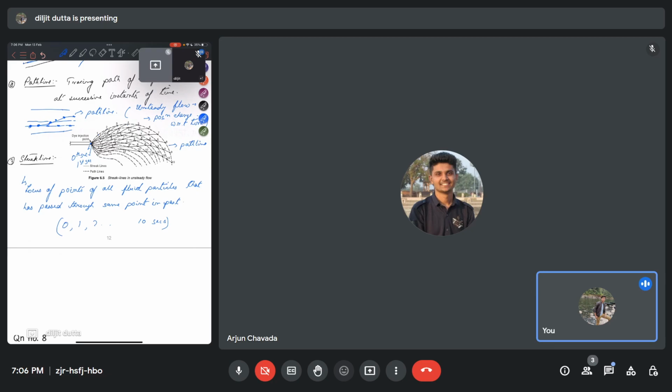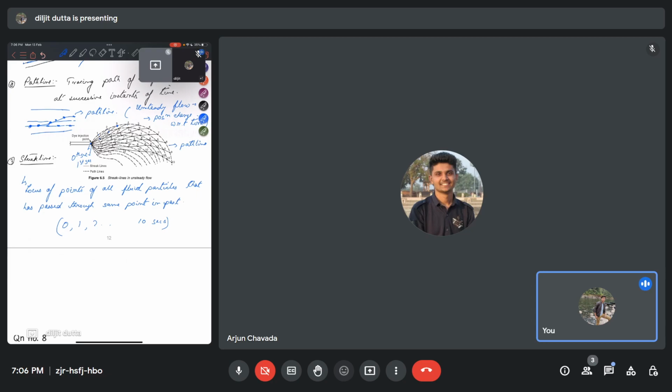And now what is a streak line? Suppose we take a particular instant, say 3 seconds. When we consider 3 seconds, the first particle has already moved till here, the second particle has moved till here, and the third particle has just come out and it is here at the third second.